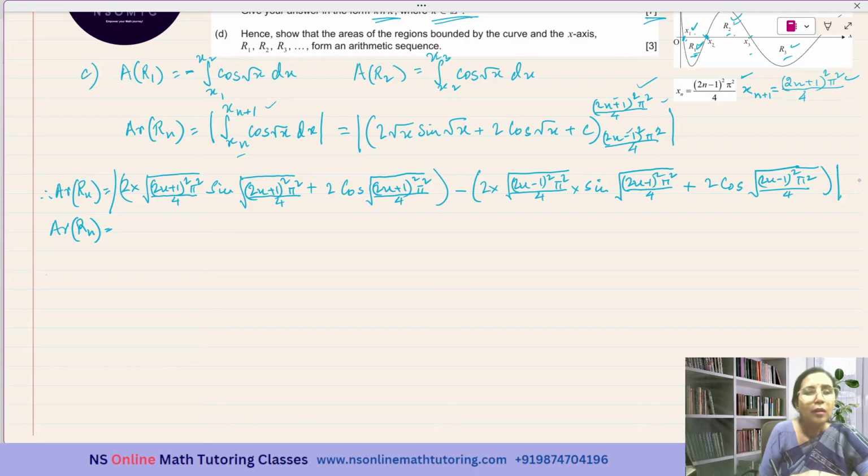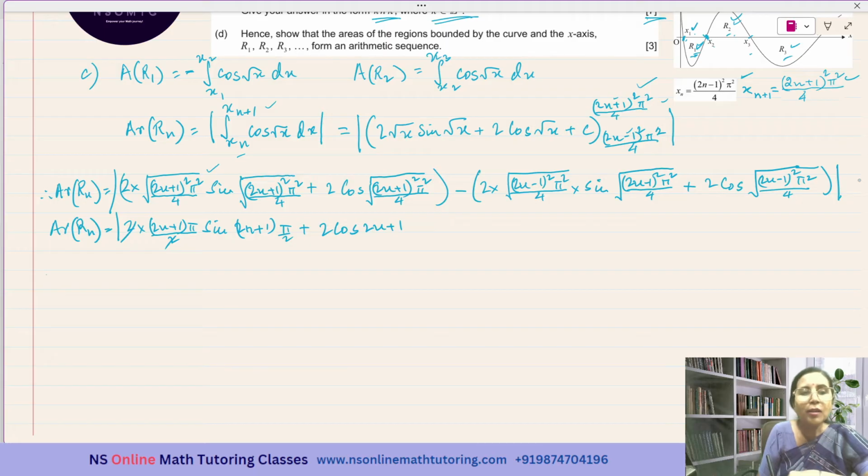Okay, so this is equal to, now if we are square rooting the thing, that means I am getting this as 2 times (2n plus 1) pi over 2 and sine of (2n plus 1) pi over 2, plus 2 cos of (2n plus 1) pi over 2.